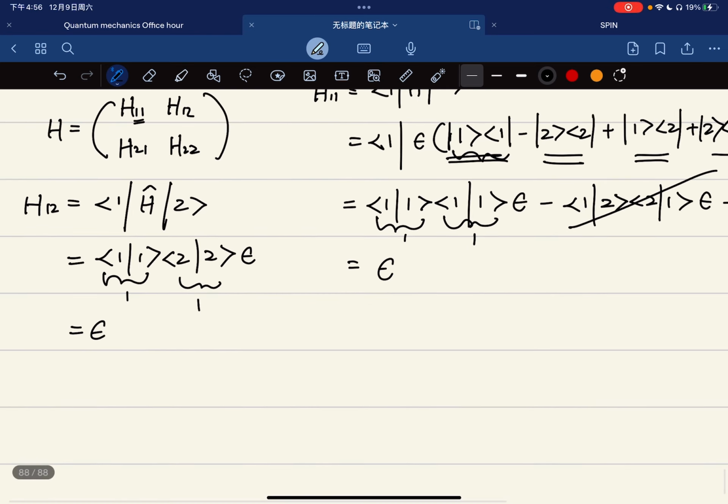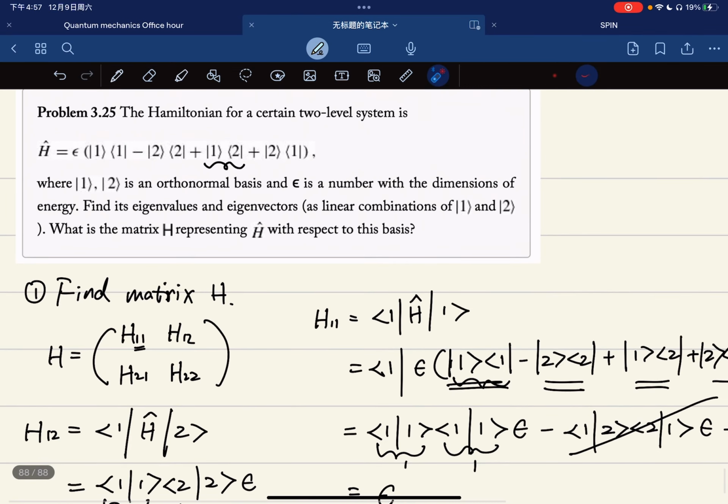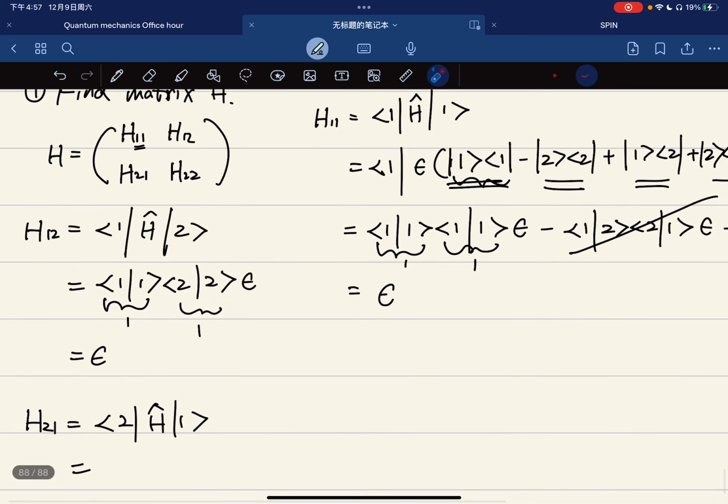And what about H21? H21 would be using the 2 and 1 to sandwich the Hamiltonian, and the only thing that will give me at least something is the 2, 1. So the result will be small e. What about 2, 2?